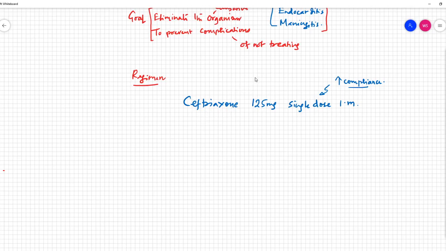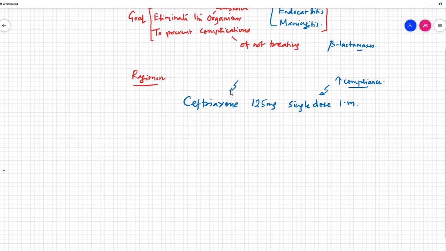So let's ask a question. Why are penicillins not given? Because when we talked about the virulence factor, we said these organisms produce beta lactamases. So penicillins might not be the best idea here. But this drug has been found to be effective. What is this ceftriaxone?